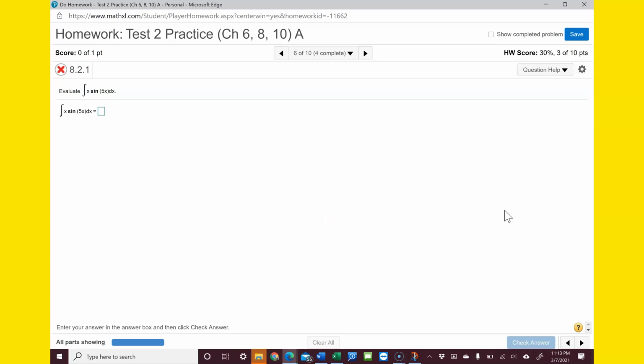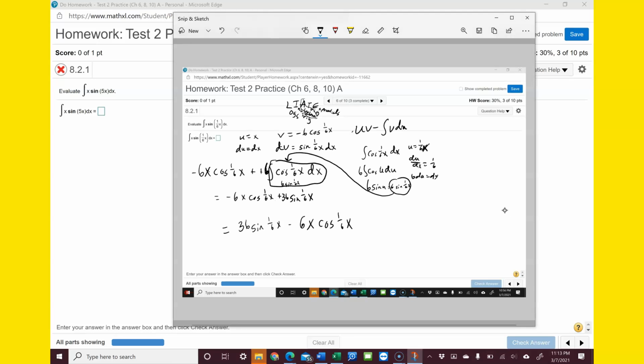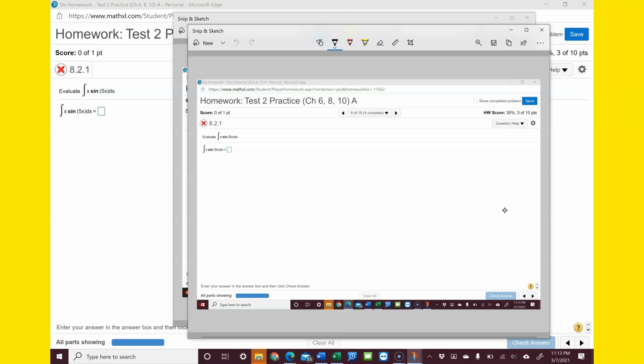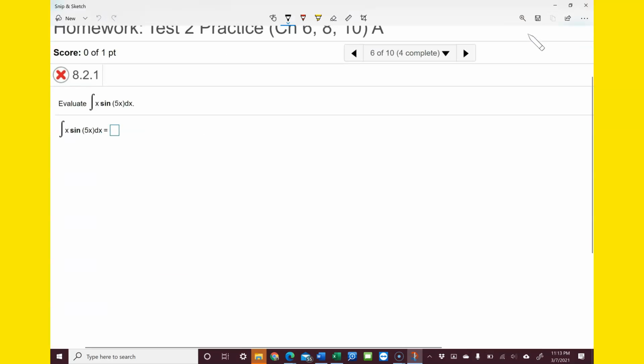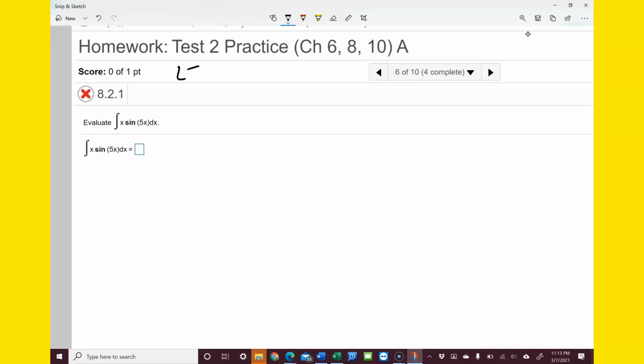Alright, I believe this one is an integration by parts. Remember LIATE? I gotta snip this. Okay, LIATE. The acronym from Nancy Pi about choosing u and v.